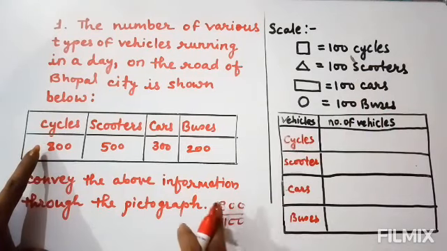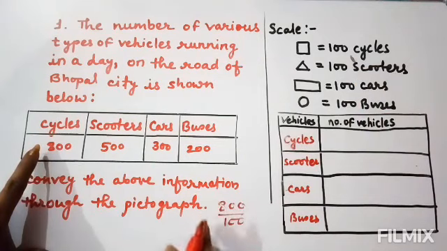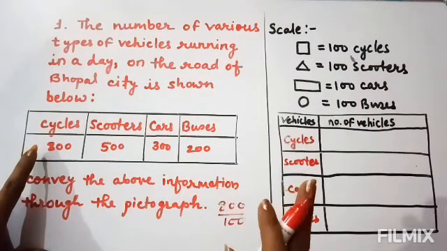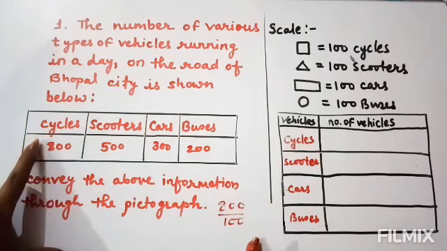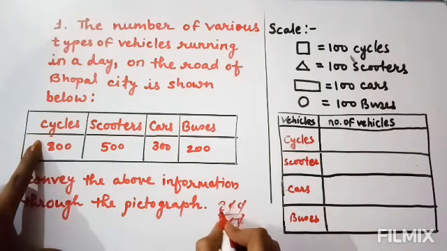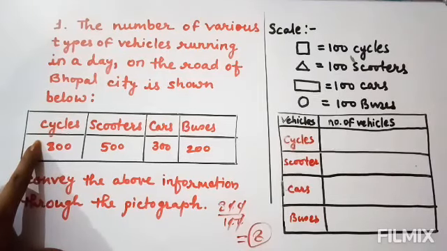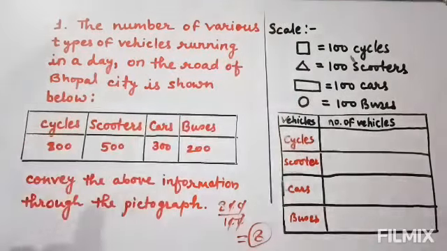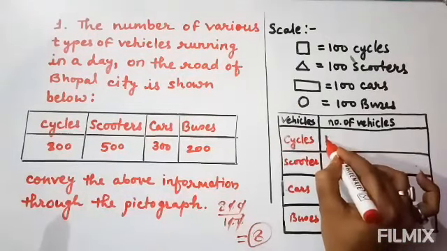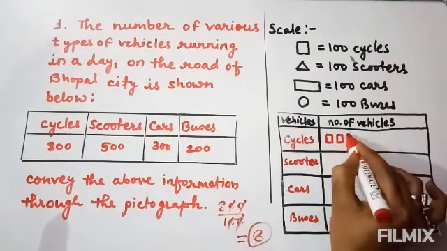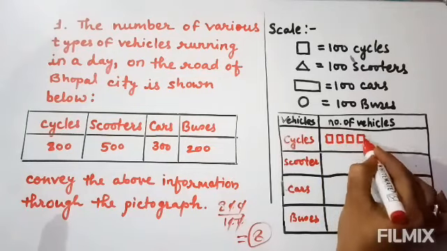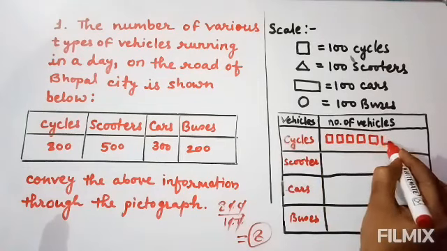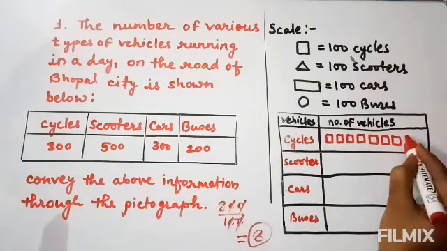We will divide the number by the scale. 800 cycles are running in a day and the scale is 100. 0 will divide by 0, and we get the answer 8. It means we will draw only 8 pictures of the shape we chose, which is a square. So we need to make 8 squares: 1, 2, 3, 4, 5, 6, 7 and 8.